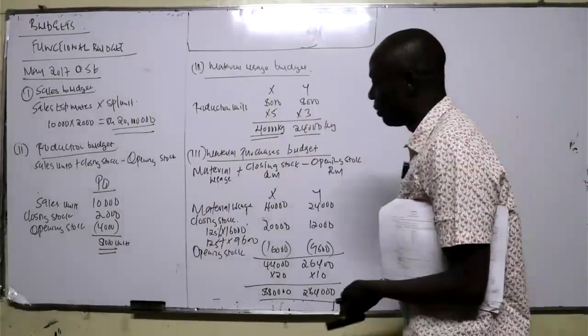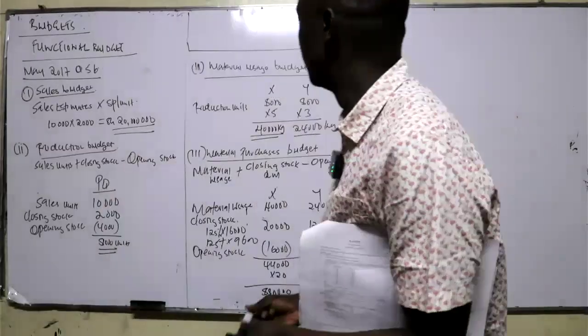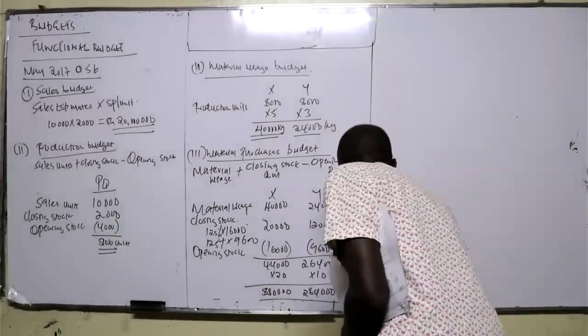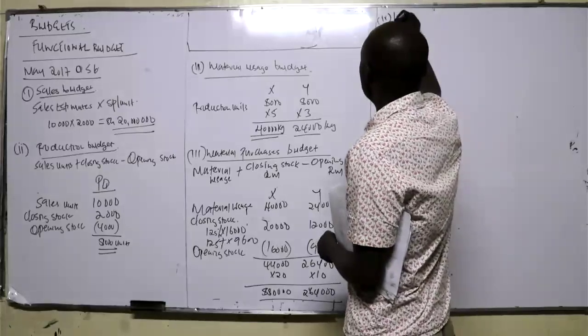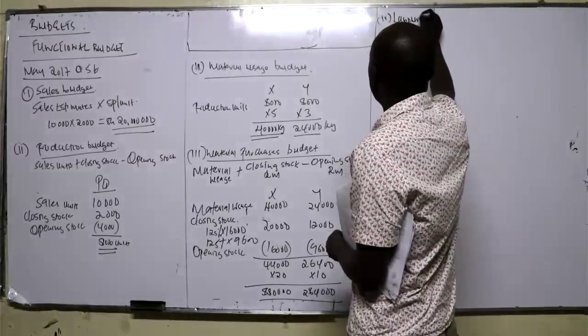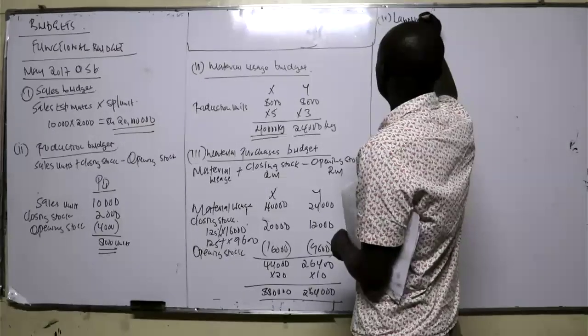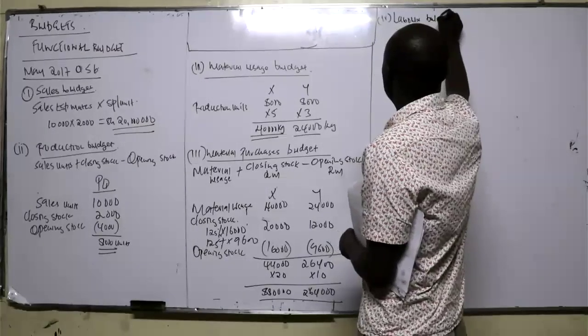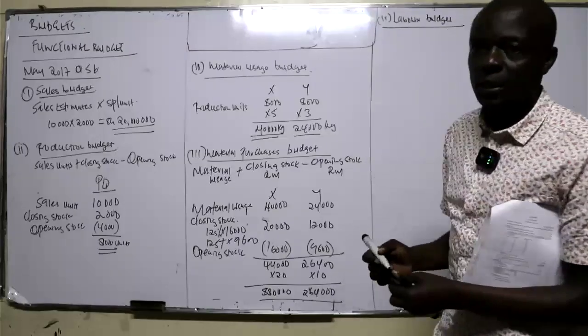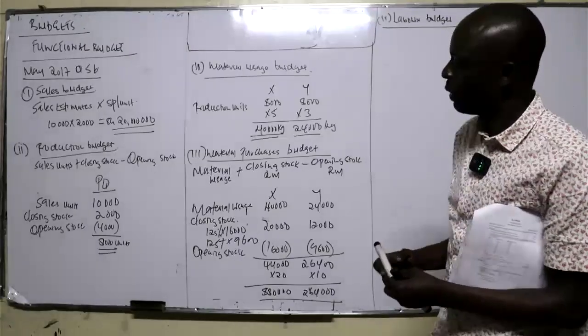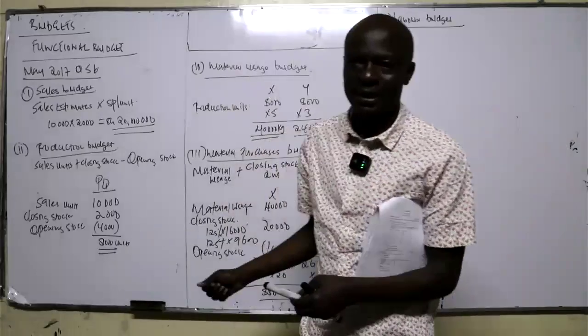And lastly, they want us to prepare the labor budget, number 4. So they want you to determine the amount of money they're going to spend on paying wages for the production of these 8,000 units, isn't it?